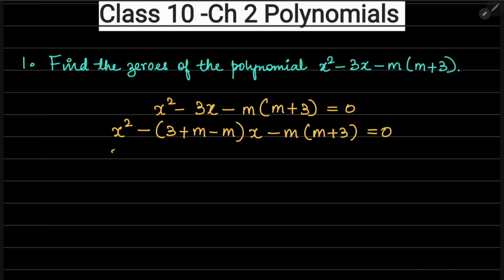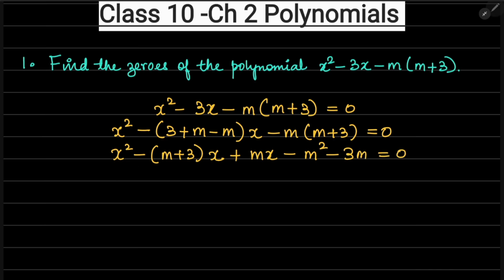So let's do it. x square minus, within bracket, m plus 3 multiplied by x, and then minus into minus is plus, plus m into x is mx, and then minus, open the bracket, m into m is m square, plus into minus is minus, m into 3 is 3m, equal to 0.